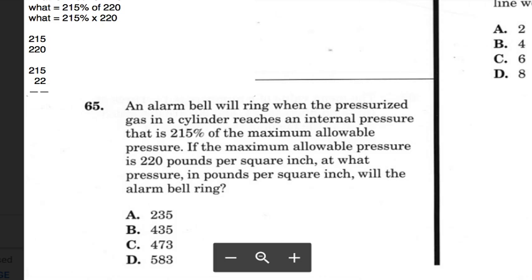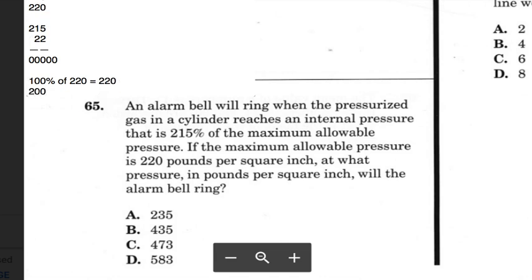So again, you're going to be doing this by hand. You can write this out. I'm going to do this in my head. So 100% of 220 is 220. So that means 200% of 220 is 440.